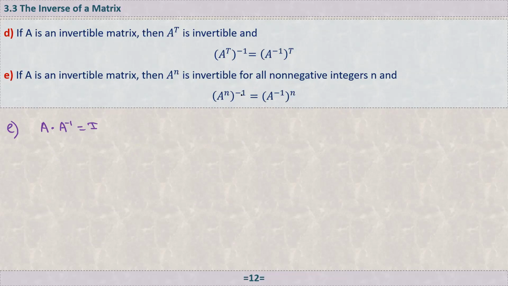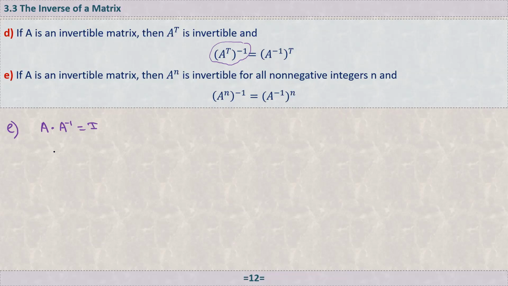What does it mean? It means that if I multiply this by its inverse, it should be equal to I.